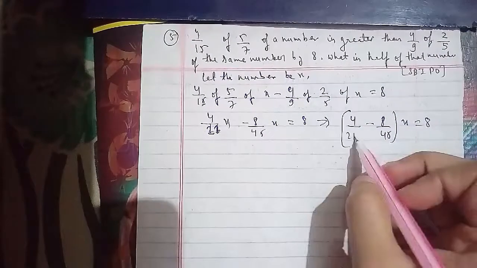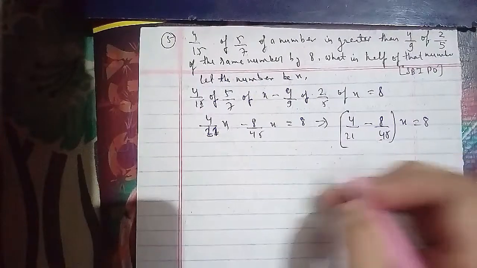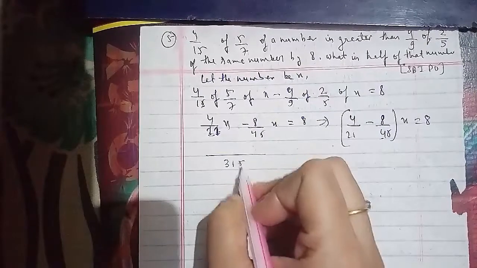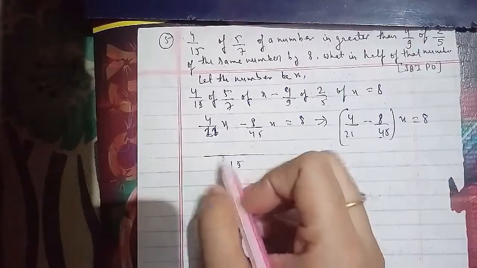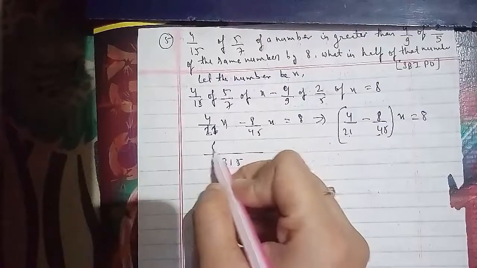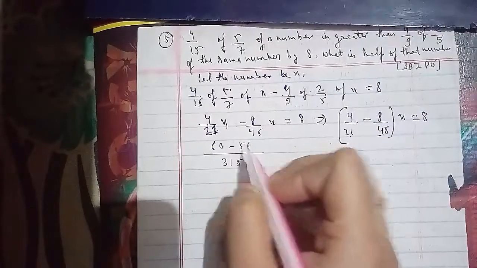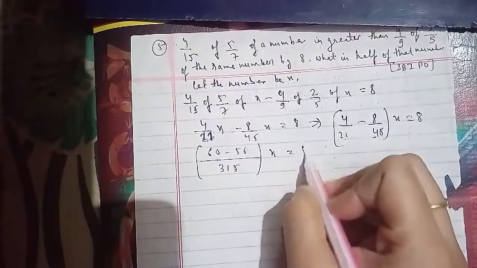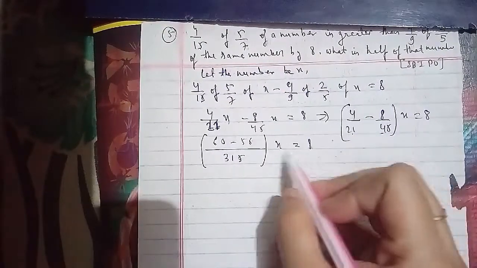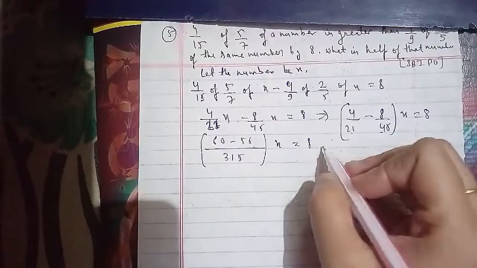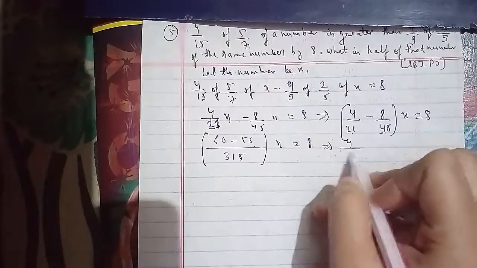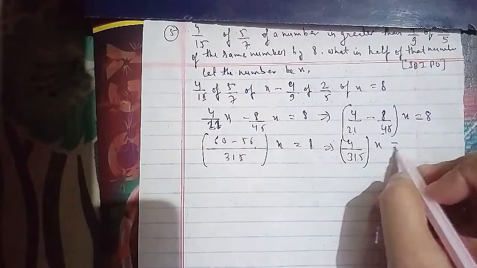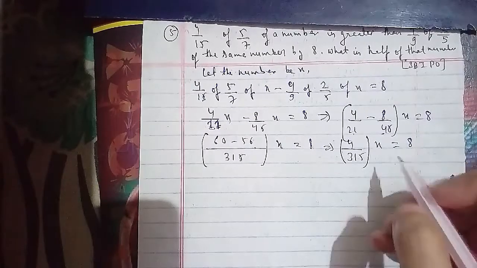We'll take LCM of 21 and 45. We will get an LCM here, that is 315. In the same case, it will become 60 minus 56, the whole, we have x common, equals 8. Then 60 minus 56, we will get 4 upon 315 x equals 8.